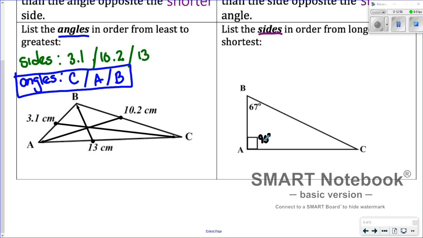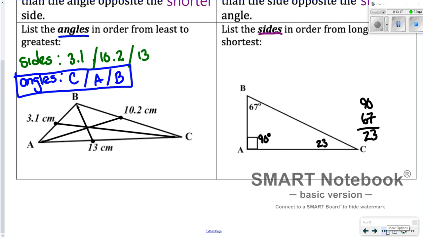If you do 180 minus 90, then these two angles have to equal 90. So I'll just do 90 minus 67, and that will give me 23. I'll put 23 over here. All right, so we've got the angles.